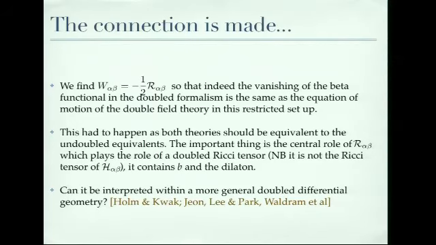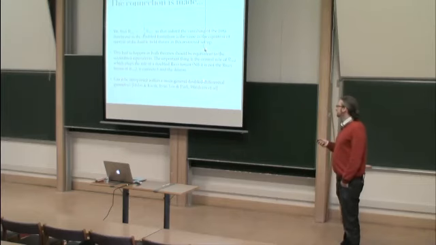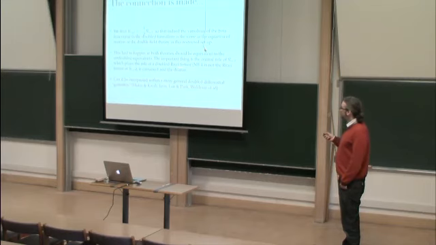So if we just consider the case of the ordinary string sigma model with only the metric G, what we would find here would be the ordinary Ricci tensor. So in the double picture, this is what seems to be playing the role of the Ricci tensor. And we reiterate again that it's not just the Ricci tensor constructed from this metric H. And this double Ricci tensor, it's not just a function of G, it also contains B and the dilaton packaged up in some O(D,D) tensor.